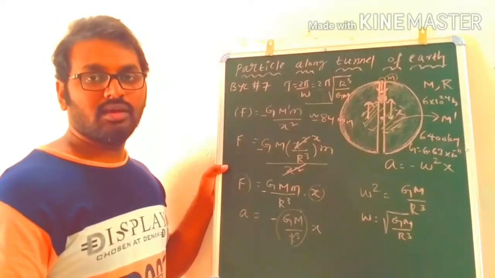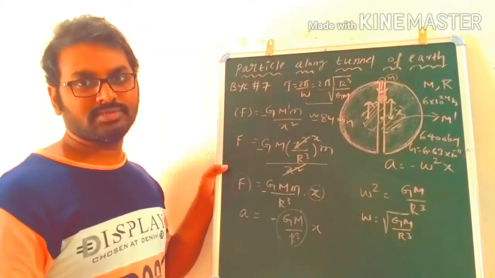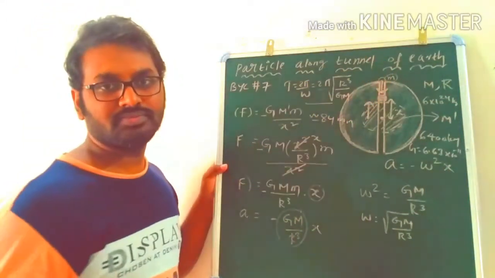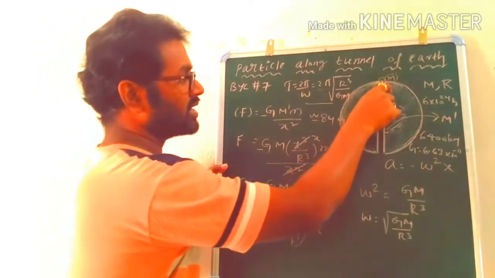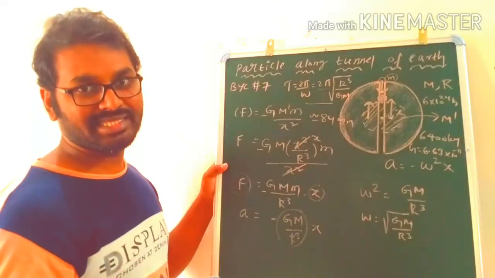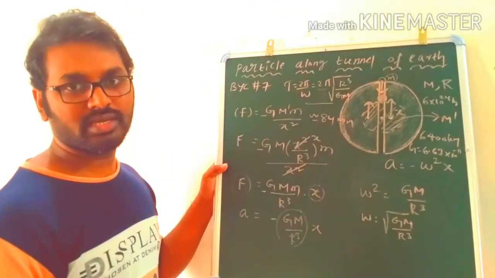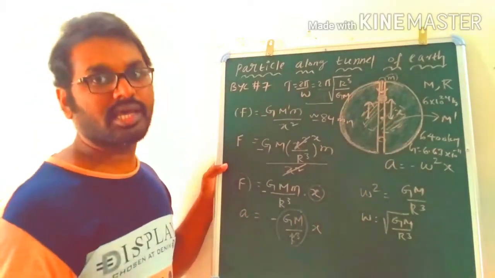And if I ask what is the maximum velocity the particle acquires, as you know, the particle is dropping from the surface where its velocity is 0, and due to attraction the velocity gradually increases until it reaches the center of the earth. Thereafter the particle reaches the other side.